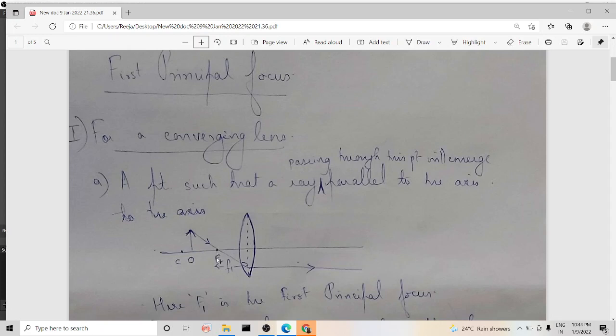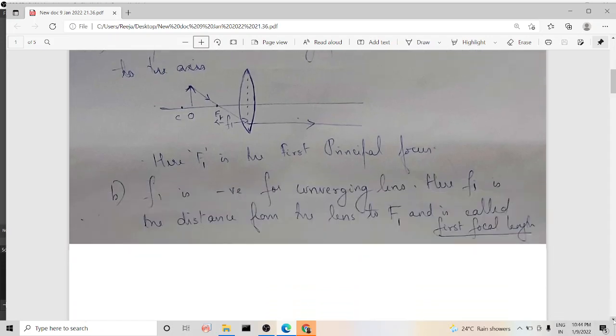So here F1 is the first principal focus, and this distance small f1 from capital F1 to the lens is called the first focal length. Now the first focal length for a converging lens is negative, because we know the object is kept on the left and distances on the left are considered to be negative.